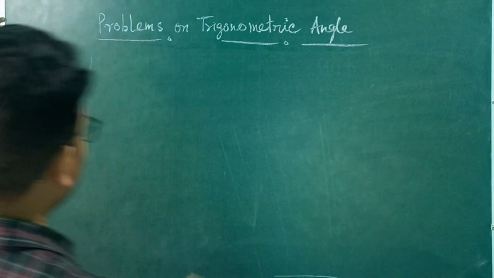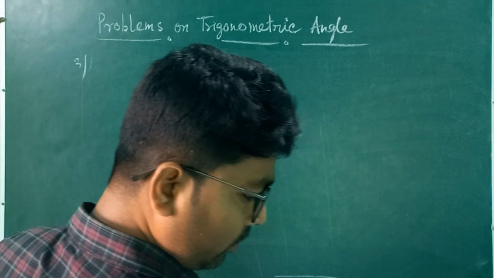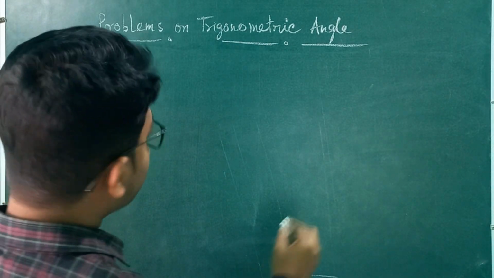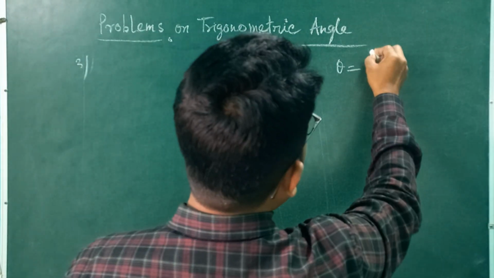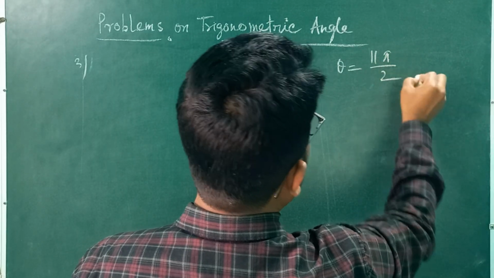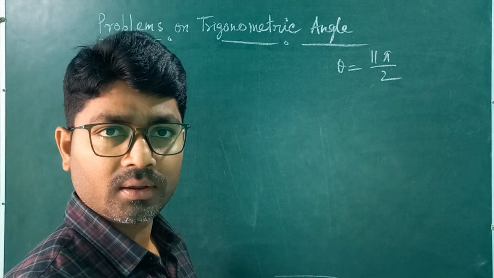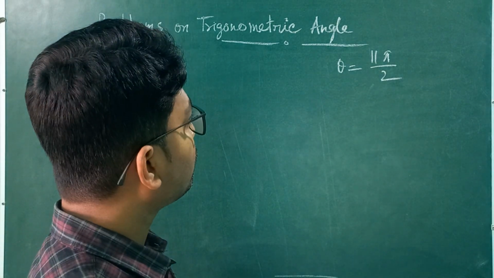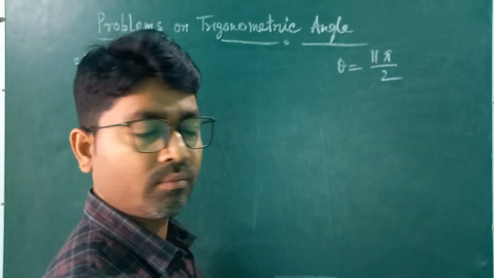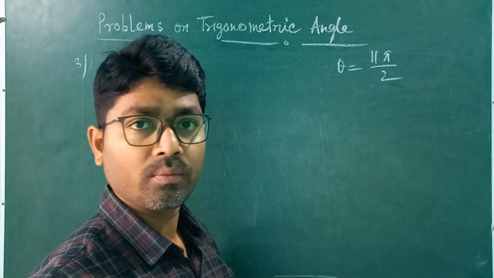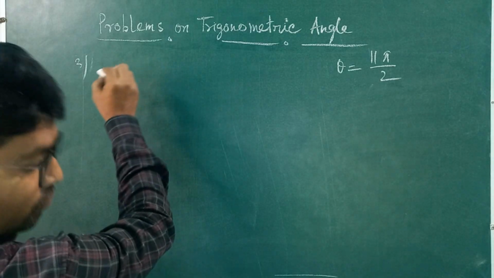What is our third problem? Number 3. Here given theta equal to 11 pi by 2, that is in radian form. In the previous class we have already told everyone that we have to be familiar with radian angles, because here are so many problems on radian. So what do we have to calculate?